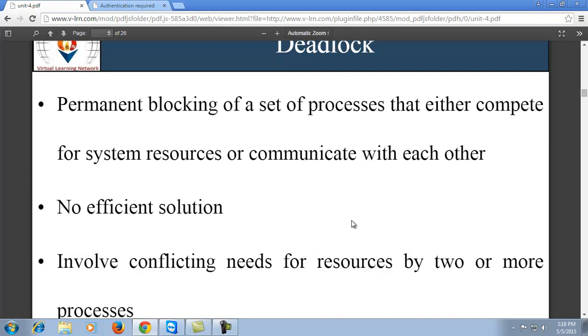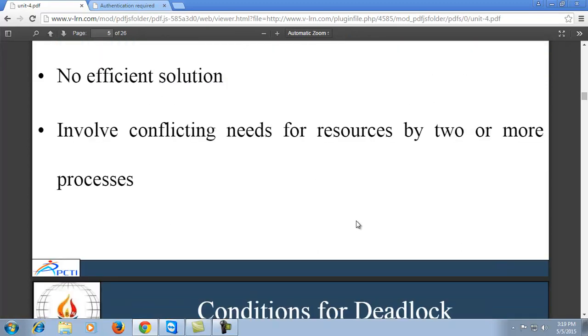They are requesting a resource which is held by another process, which is not going to release it. So every process is waiting for another process, while retaining a resource held by another. No efficient solution is there for preventing that situation. It involves conflicting needs for resources by two or more processes.